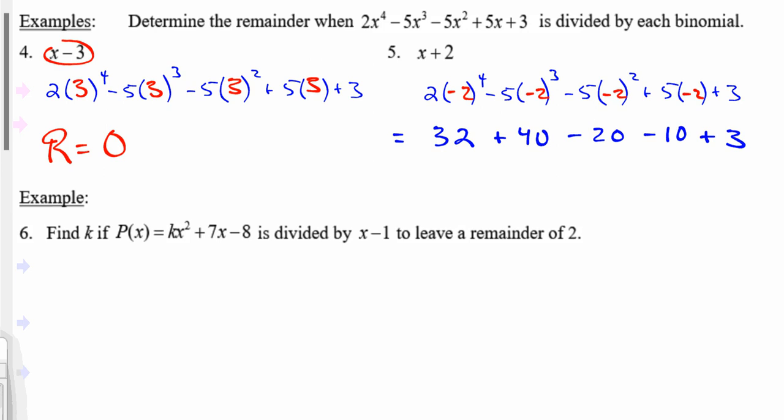And then 40 minus 20 is 20, minus 10 is 10, plus 32 is 42, plus 3, 45. Did you get 45? Woohoo! My brain still works. Any questions with this? Nope, we're good. All right.